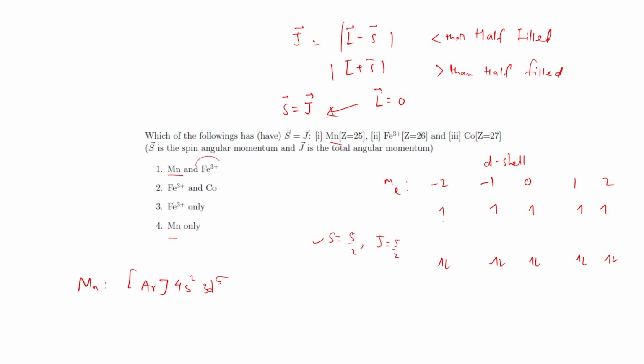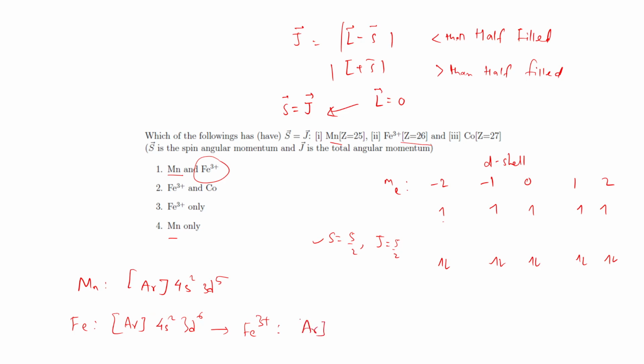We have to check for Fe3 plus. Fe has Z equal to 26, and the configuration is argon 4s2 3d6. Fe3 plus will have electronic configuration where we have to remove 3 electrons from here.